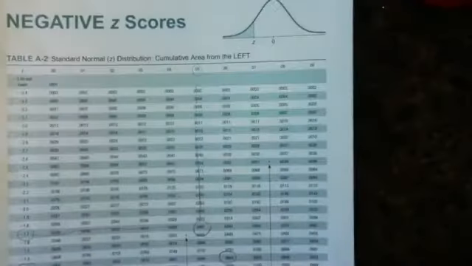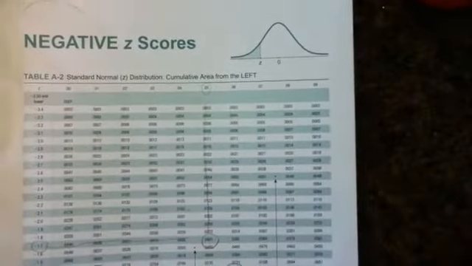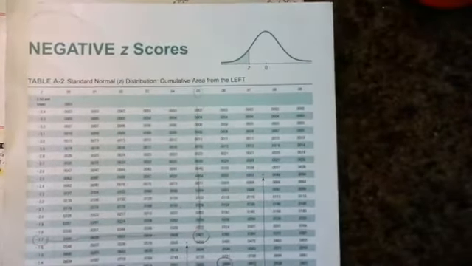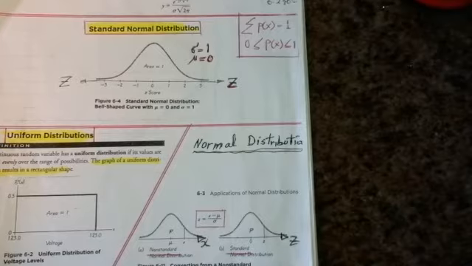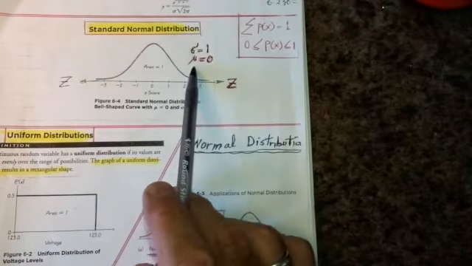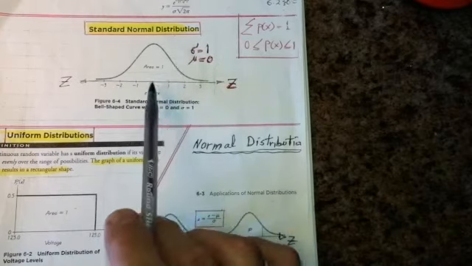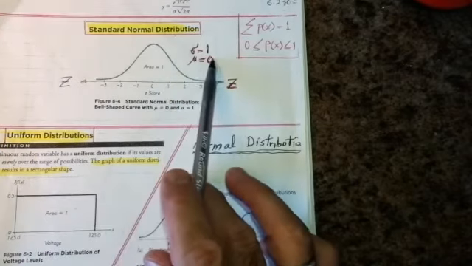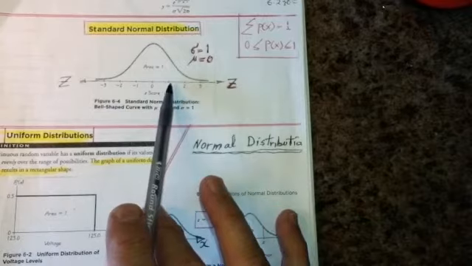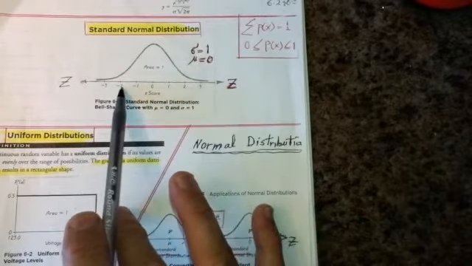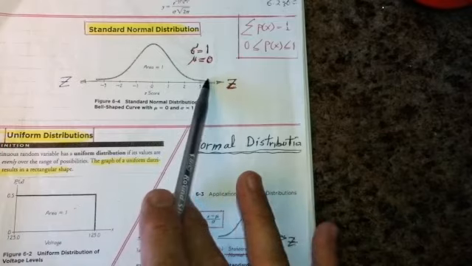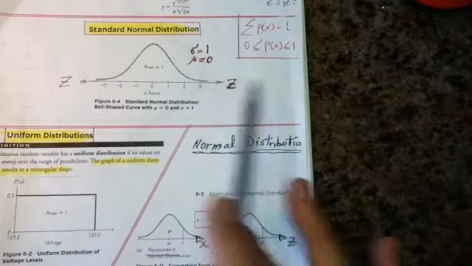At the top of table A2, you see standard normal distributions, cumulative area. It is a special case of the bell-shaped curve, which has a mean of always 0 in the center and a standard deviation of 1. The horizontal axis we call Z, and the numbers are 1, 2, 3, -1, -2, -3. When you go beyond 3 or -3, the graph almost touches the horizontal axis.